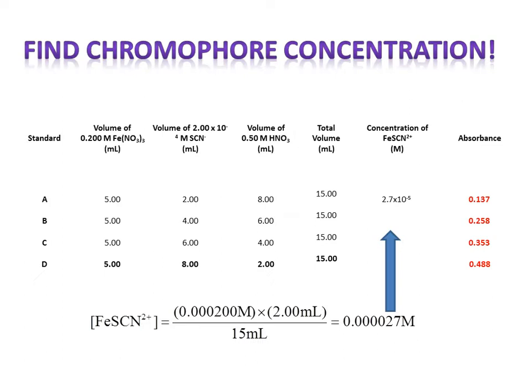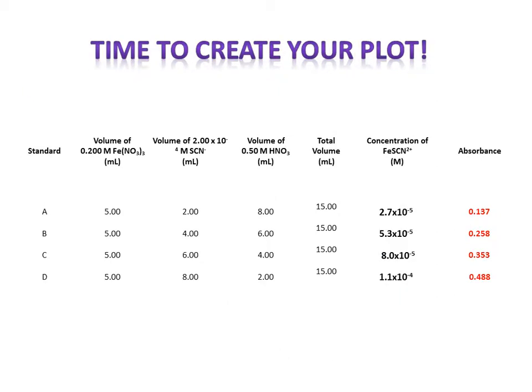Our milliliters are going to cancel out, yielding 2.7 times 10 to the minus fifth for our concentration of iron thiocyanate for trial A. Now that was for part 1. We're going to continue this calculation for trials B, C, and D for part 1, and that will fill out our chart nicely for our concentrations, and we now have concentration and absorbance data for part 1.